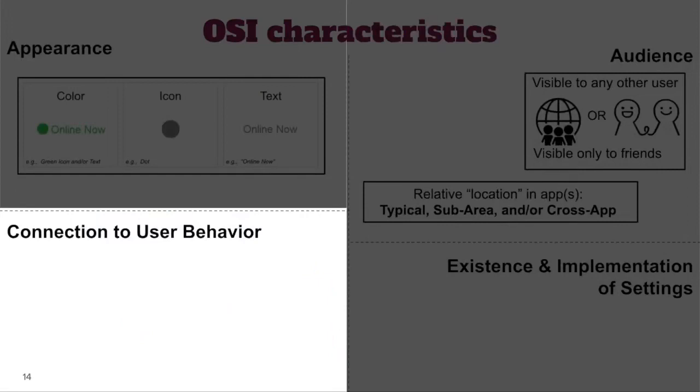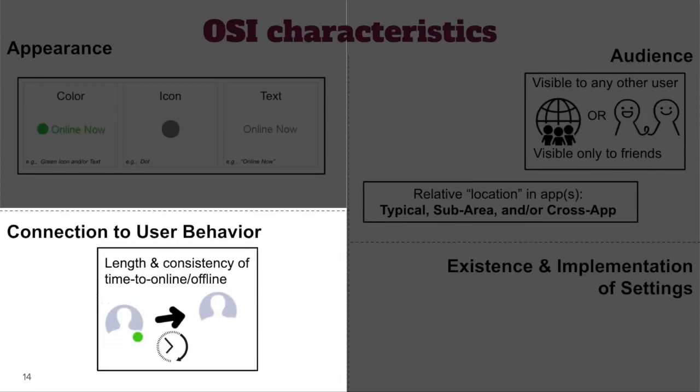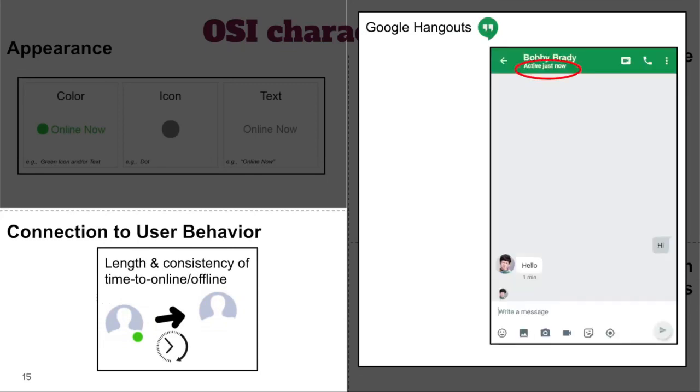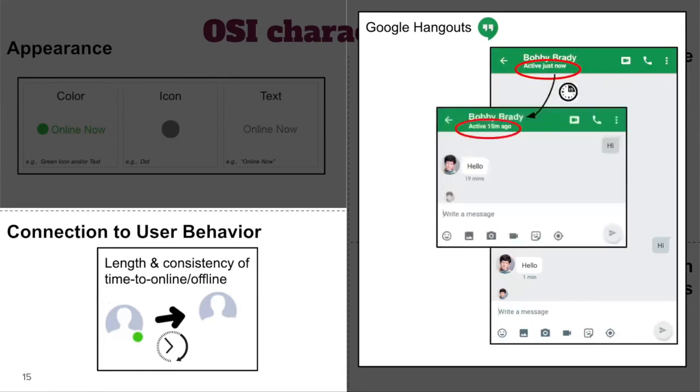How closely an OSI is connected to user behavior is determined partly or mostly based on how long and how consistently the timing is for people to show up as online or offline after they open or close an app. Continuing the previous example of Alice and Bob chatting in Google Hangouts, at least from Alice's perspective, when Bob stops using the app, after about 15 minutes, his typical OSI will change from saying "active just now" to "active 15 minutes ago."